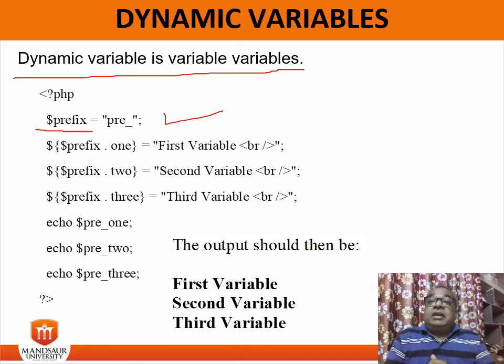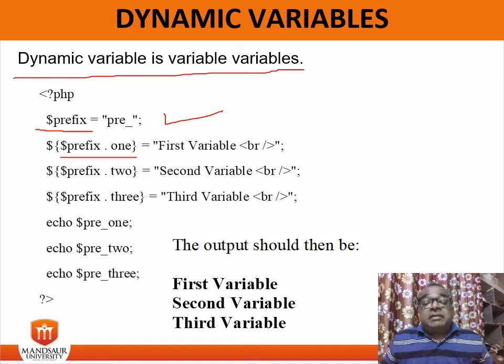We have to surround the declaration with curly braces. Now we put the prefix and concatenate 1, which gives the value pre underscore 1.